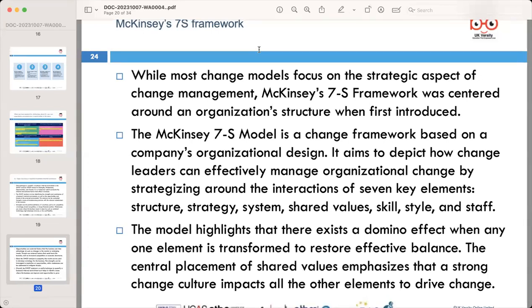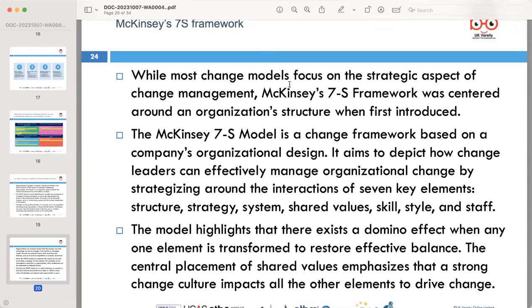Okay, so let's explore the McKinsey 7S framework, which provides us a structured approach to understanding and managing organizational change.